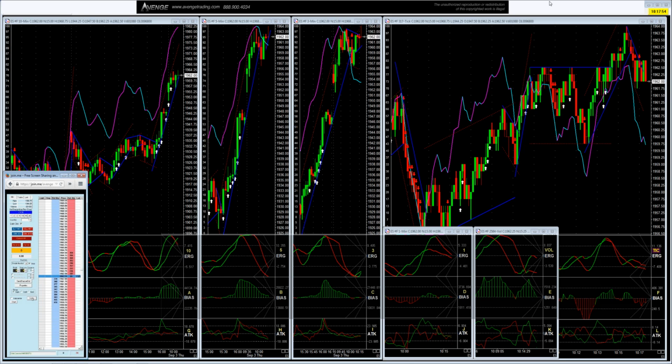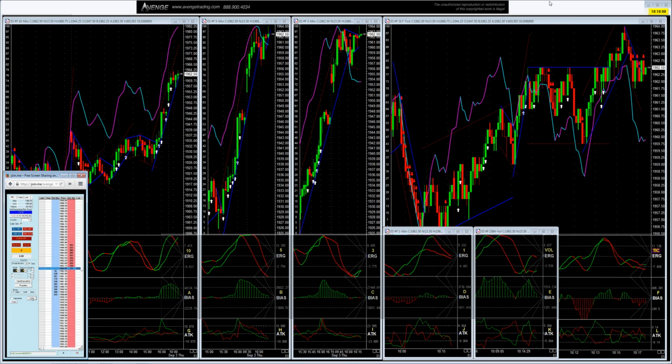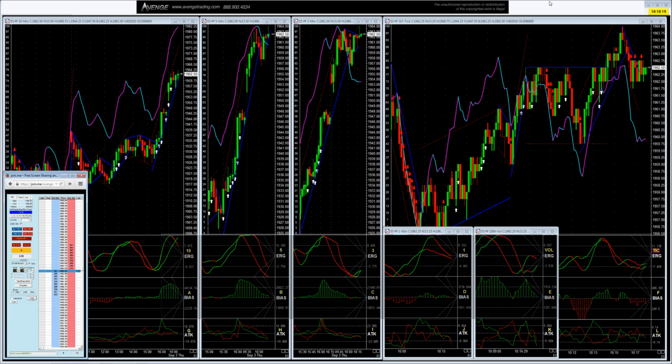Keep our eyes if there's anything on the scalp charts. At the moment there's nothing. That A bias still looks like it is slightly off of 45 degrees.